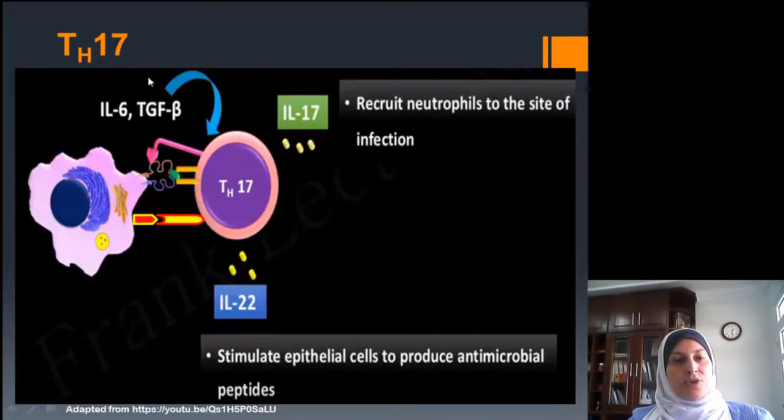When these cytokines are produced and available, they would push the cell toward Th17 differentiation, and it will produce interleukin 17 that recruits neutrophils to the site of infection, and interleukin 22, which will stimulate epithelial cells to produce antimicrobial peptides.